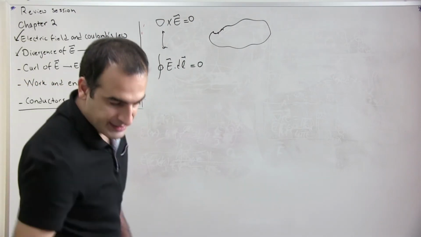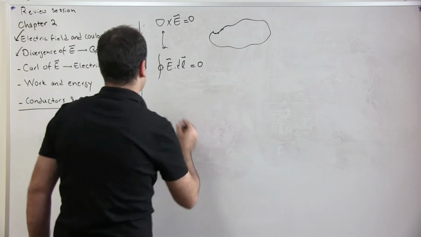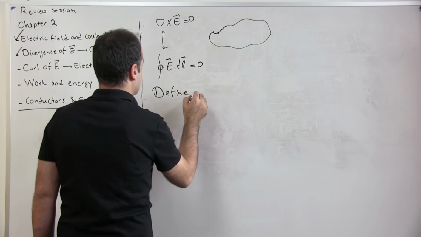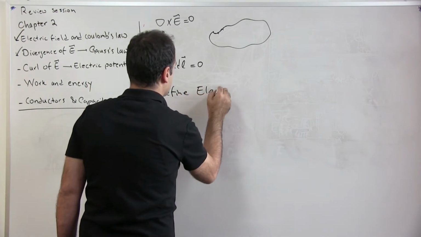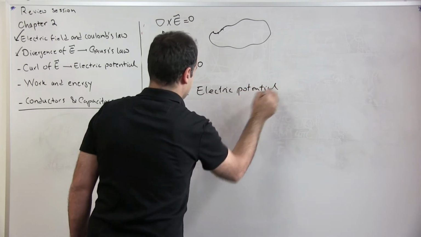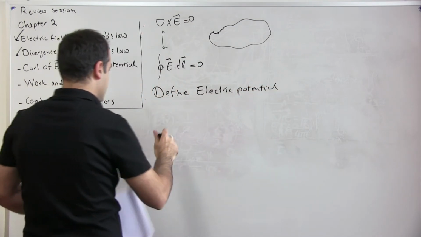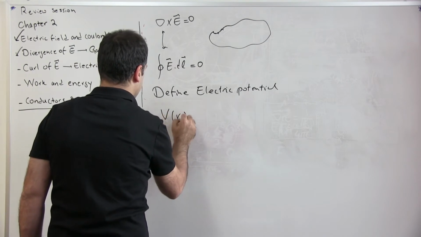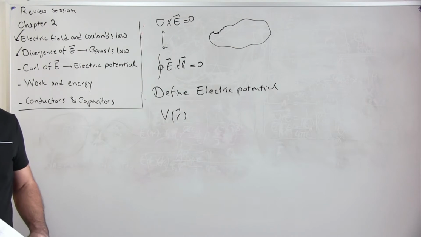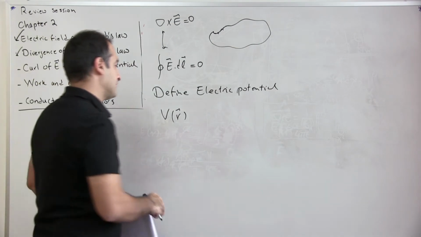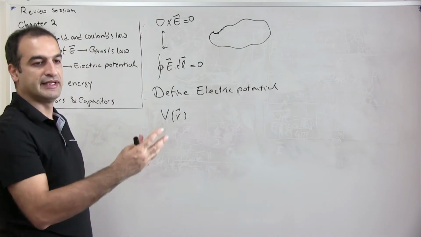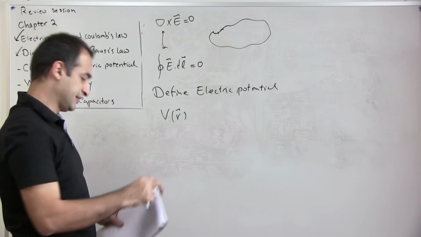So because that's correct, we can define electric potential this way, where V at r, the electric potential, is a scalar function. It's a function of 3 variables, but itself is a scalar, as opposed to the electric field, which is a vector function.